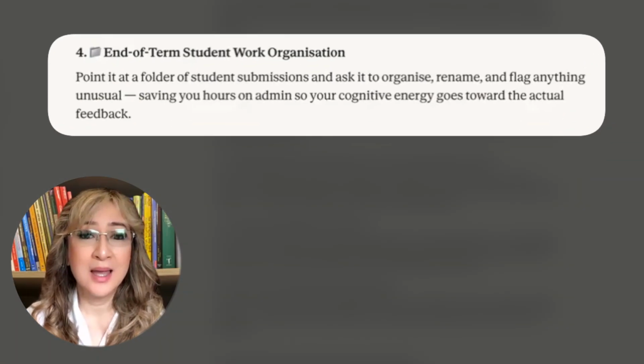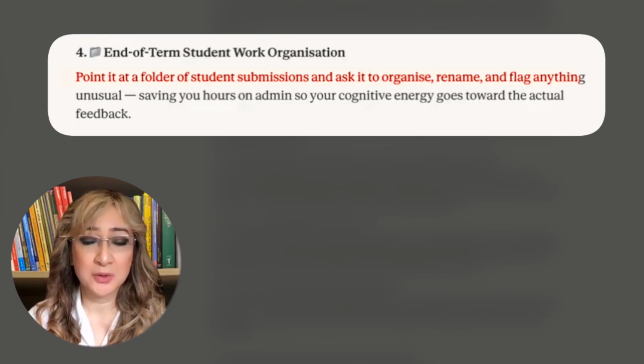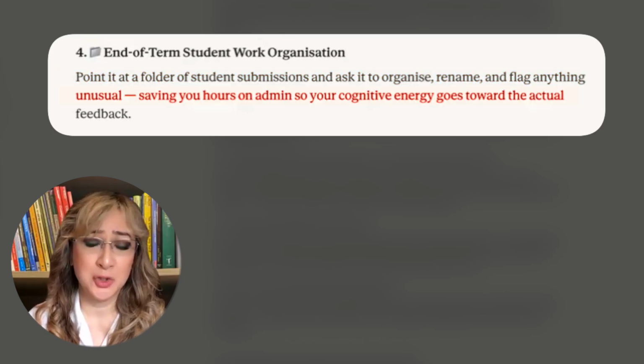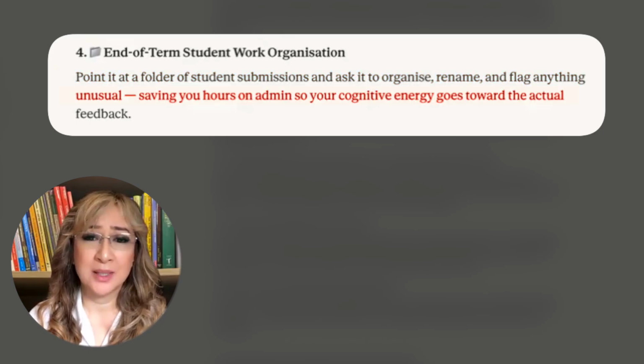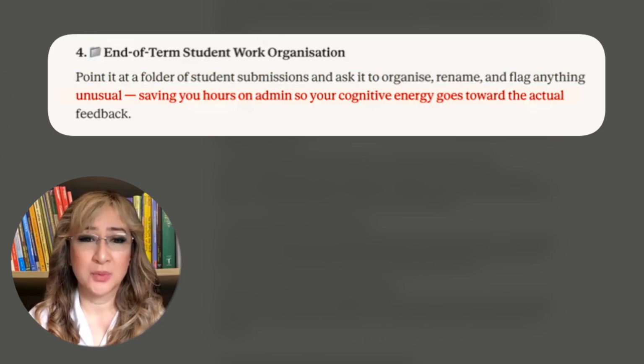And then lastly, end of term student work organization. Point it to a folder of student submissions and ask it to organize, rename, and flag anything unusual, saving you hours on admin so your cognitive energy goes towards the actual feedback. I think that's a really good idea. If you look at my Dropbox folder, if you look at my desktop, it is a mess. So maybe I should look at Cowork and organizing my desktop.